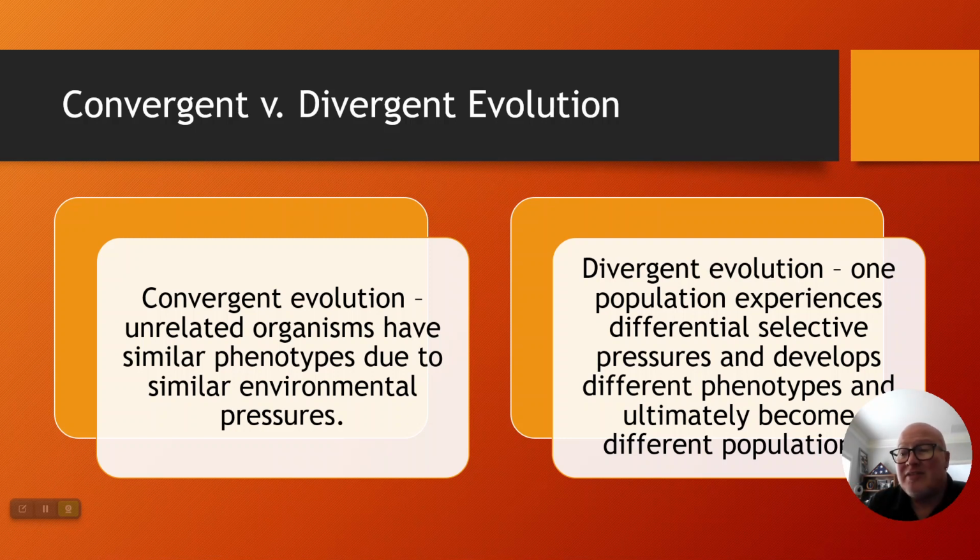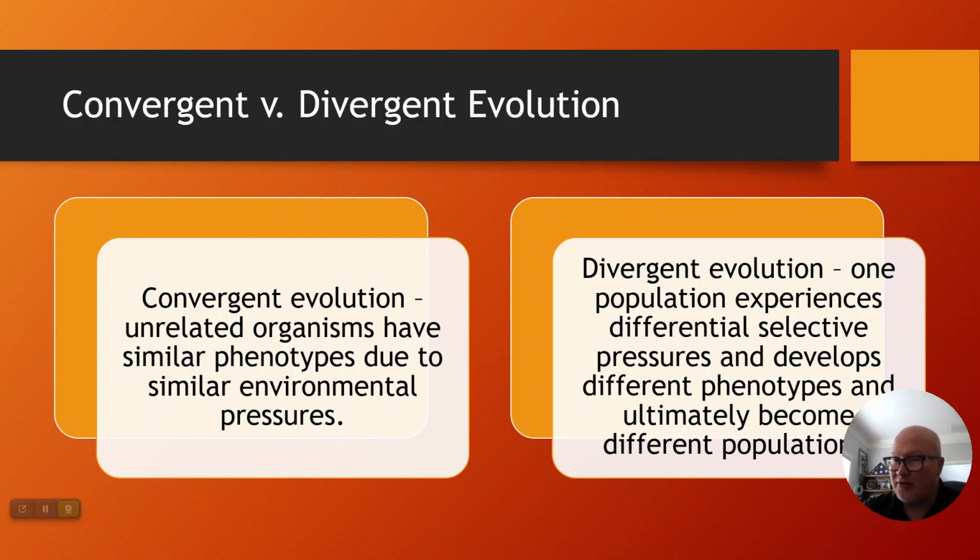Why? Because they live under similar selective pressures. They live in the water, and that particular torpedo body shape is advantageous for things that live in the water. So convergent evolution is not becoming one organism, but when two completely unrelated organisms have a similar body style. They have a similar phenotype as a result of common selective pressures.